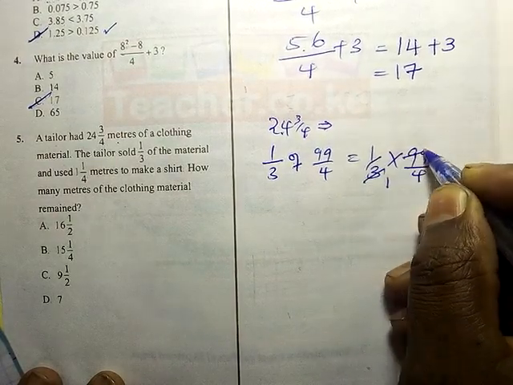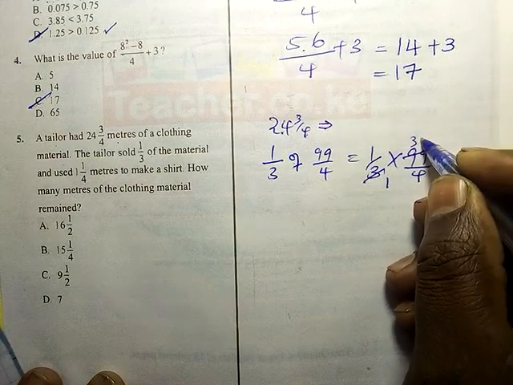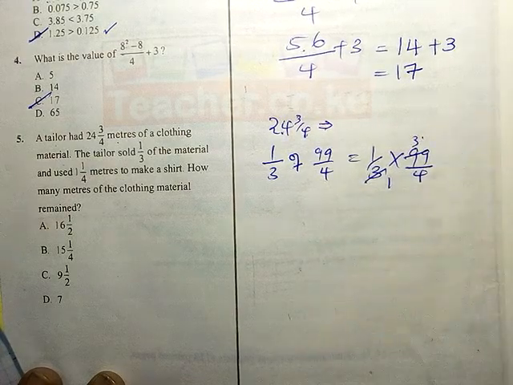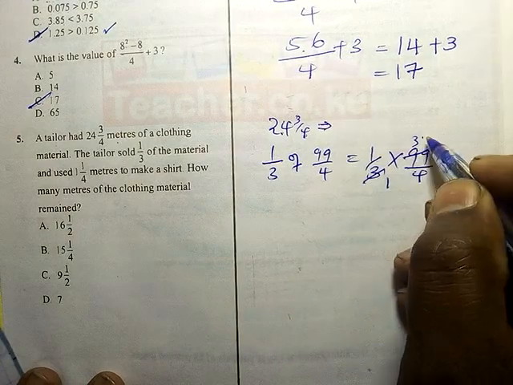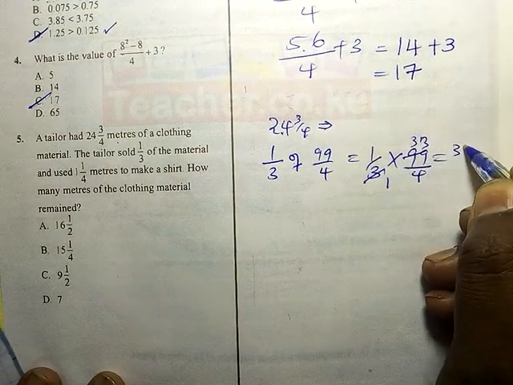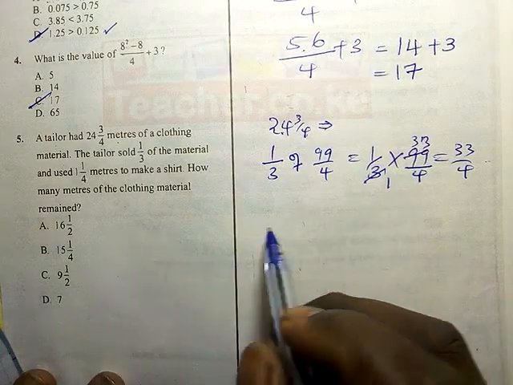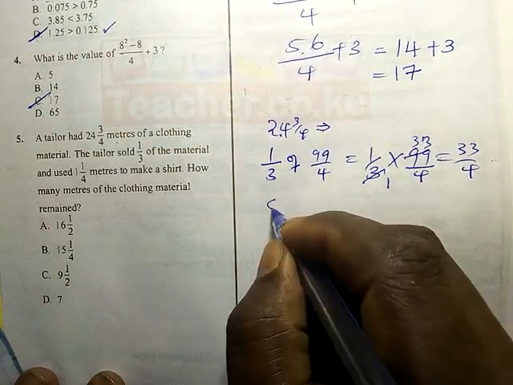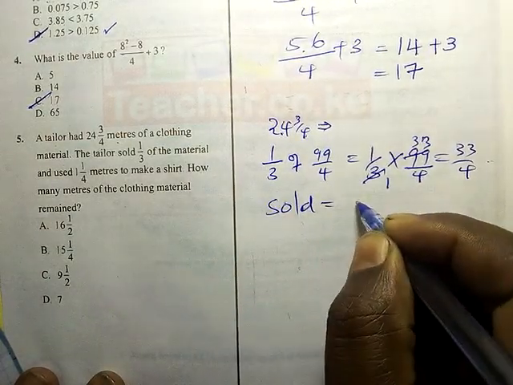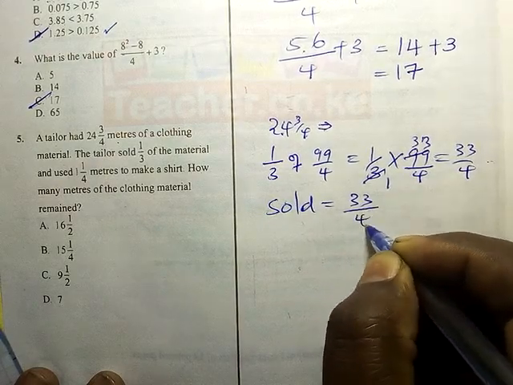So this 3 cancels, and we get 33/4. This one was sold. So sold equals 33 over 4.